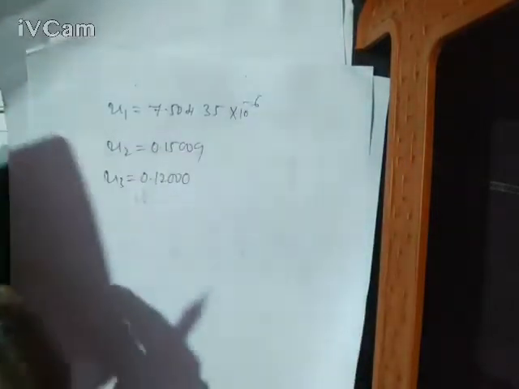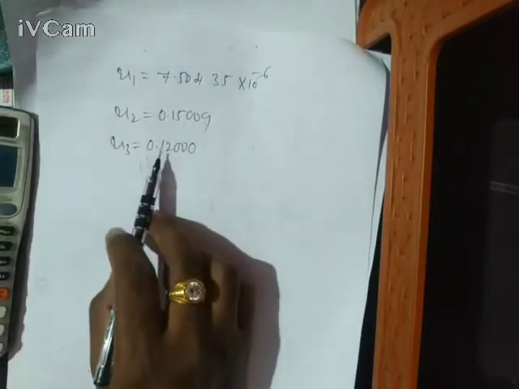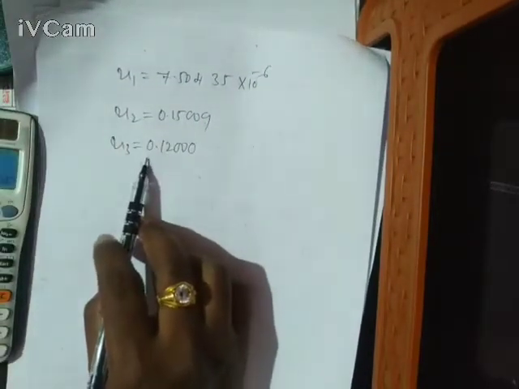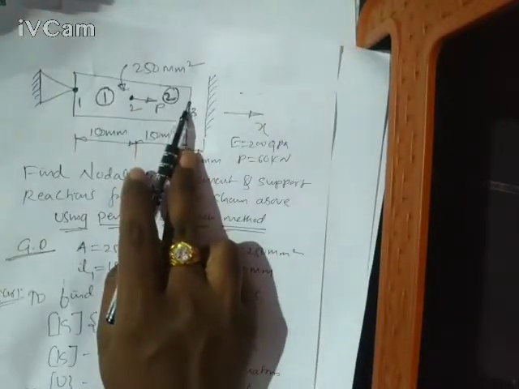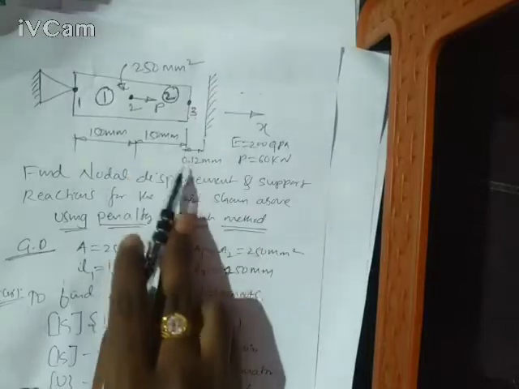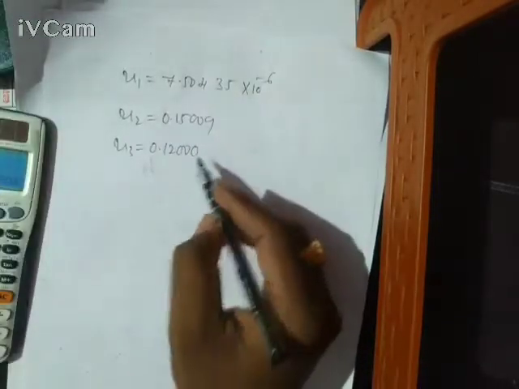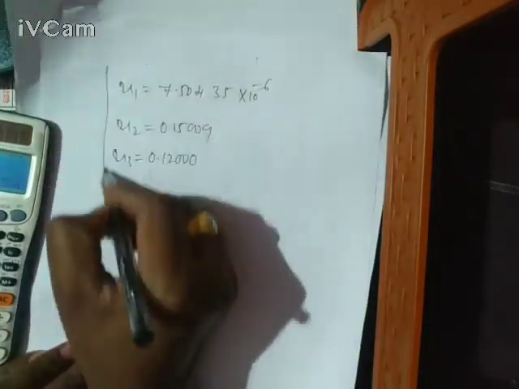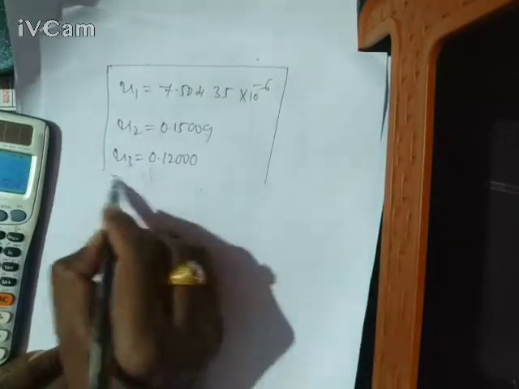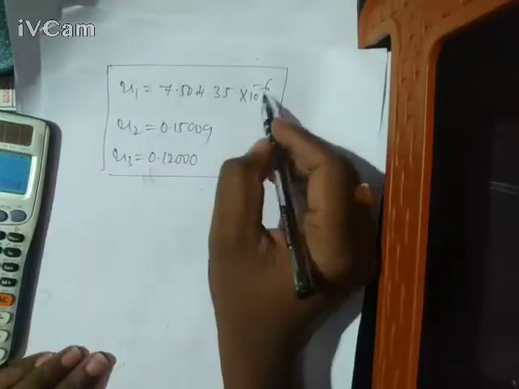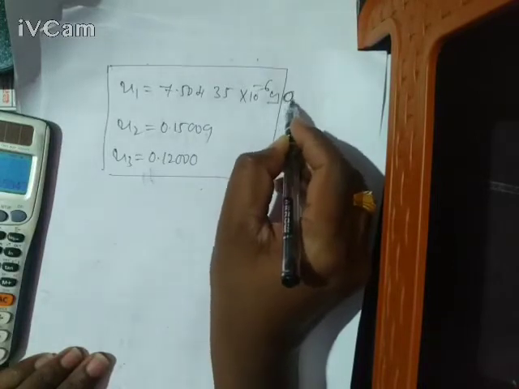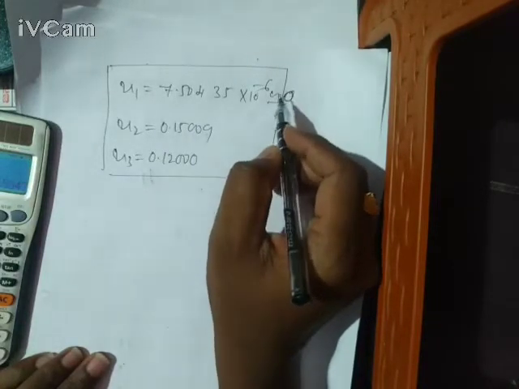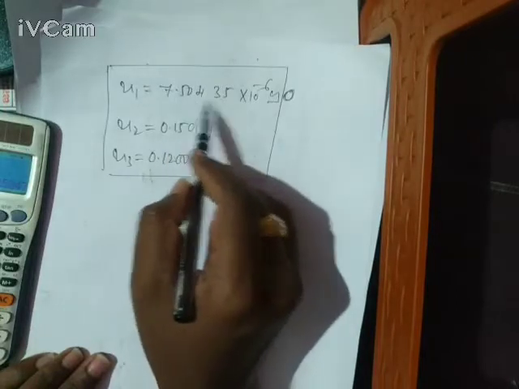See here friends, whatever values I got, I am correct, because at the third node the displacement value is 0.12. So hence my answers are right. I have verified my answers here. My answers are right. So this value I can consider almost 0. But if you write it as it is, that is also right.